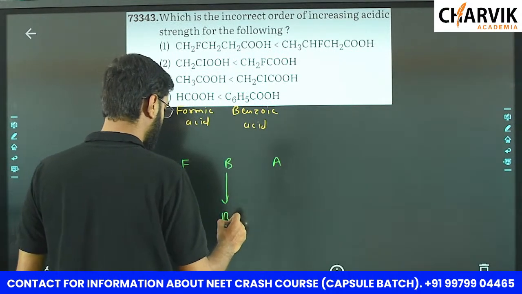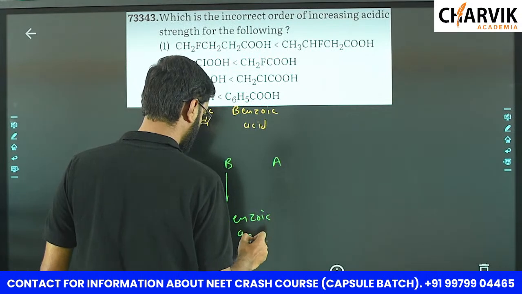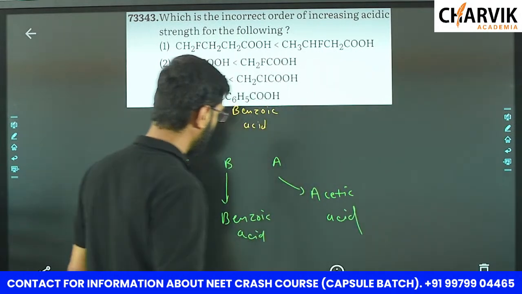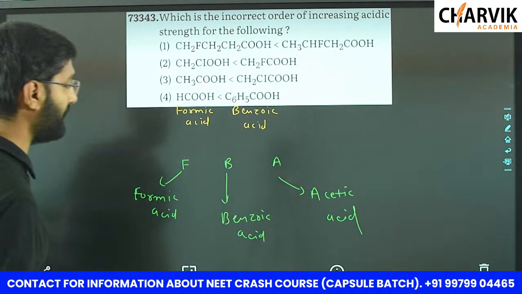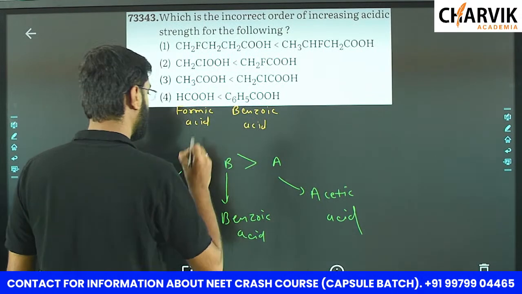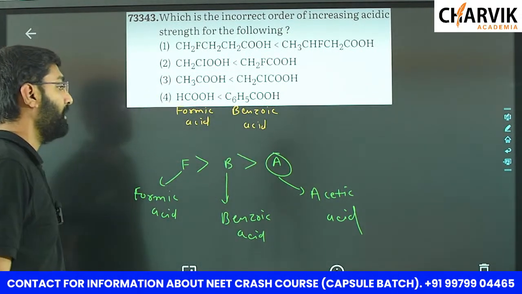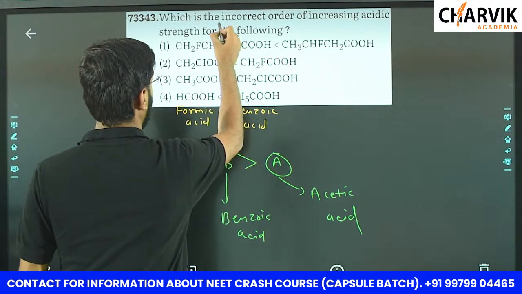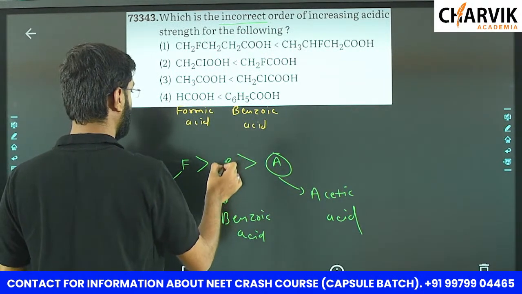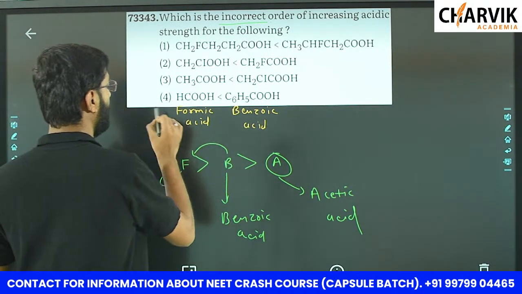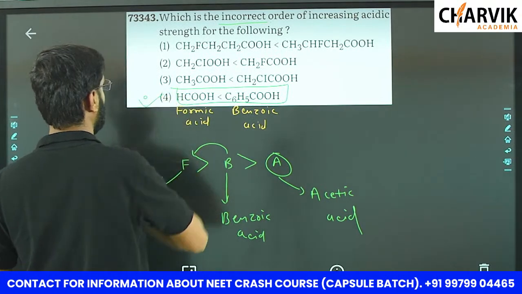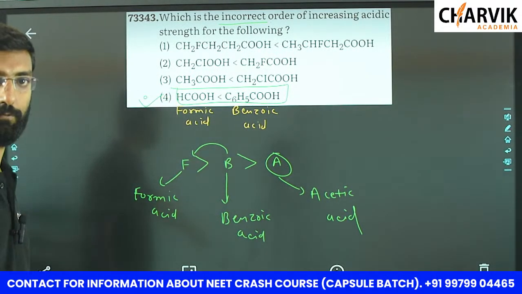B stands for benzoic acid and A stands for acetic acid. Strongest acid is formic acid, next benzoic acid and least acidic is acetic acid. But according to the question's order, you can see here benzoic acid is less acidic than formic acid. Here according to the question, benzoic acid is more acidic and that is wrong, and your correct option is 4.